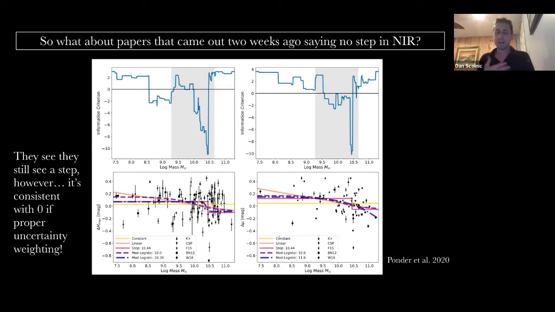Now, for anyone looking closely at this, you say, well, why is this happening? If you just look at all the points, there's nothing by eye where you're seeing any strong evidence for anything. But what's happening is that they're taking the uncertainties that come straight out of the fitter, which are just the measurement uncertainties. So if you look at, let's say, the lowest point on the bottom left at 10.5, that is something like a 50 sigma outlier.